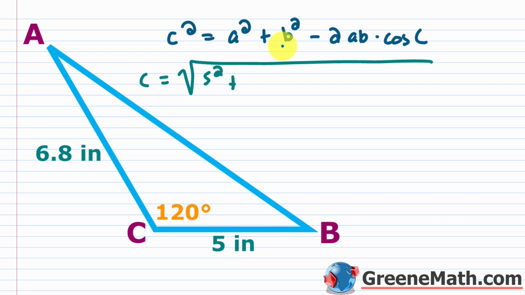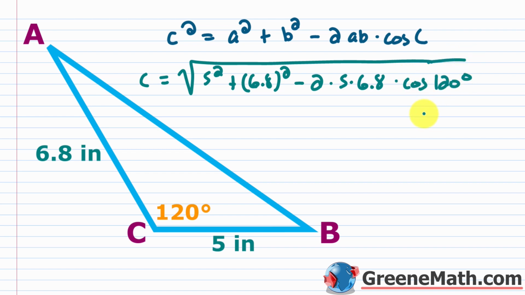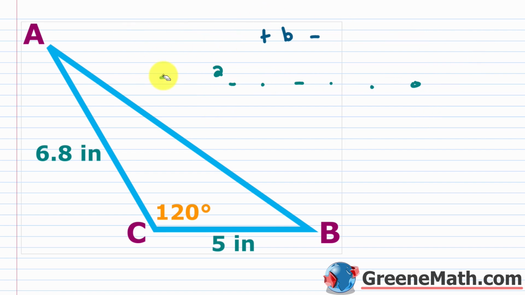And then plus for B, I'm going to plug in 6.8. And that's going to be squared. Let me wrap that so that's clear. And then minus 2 times, you're going to have 5 times 6.8 times the cosine of 120 degrees. Let's punch that into the calculator, and I get about 10.3. So let's say that this right here is about 10.3 inches.